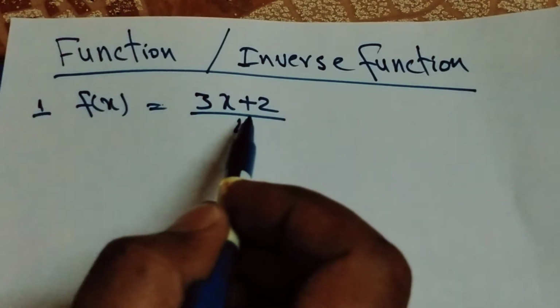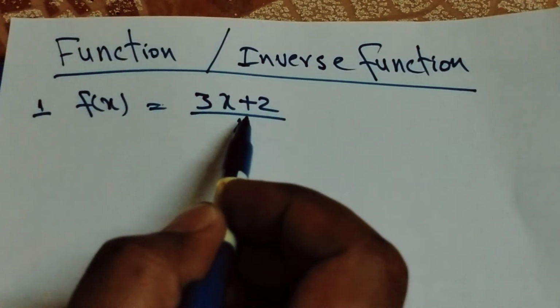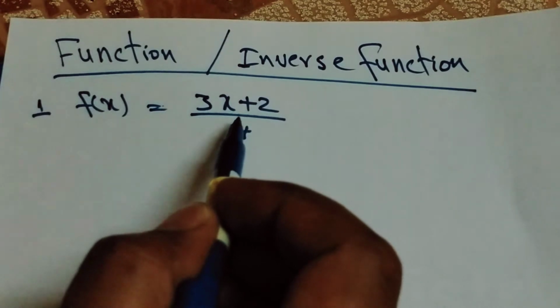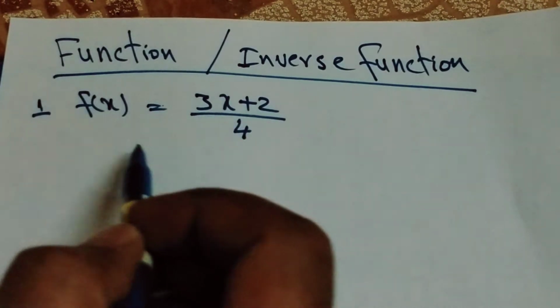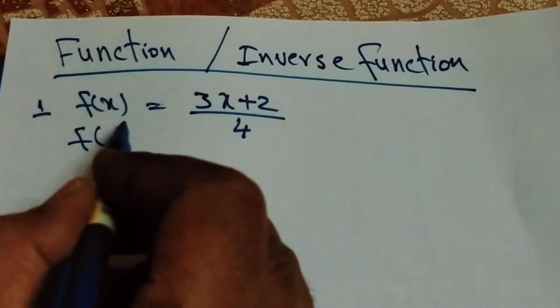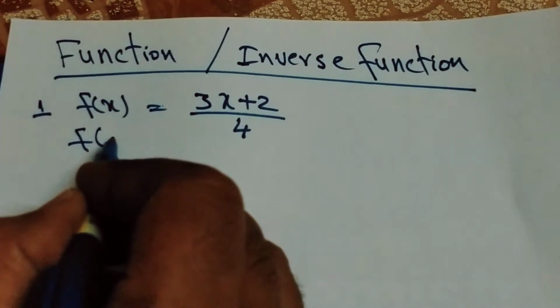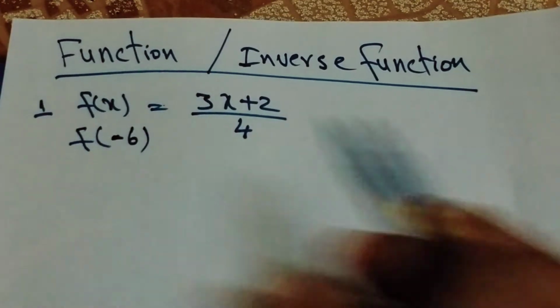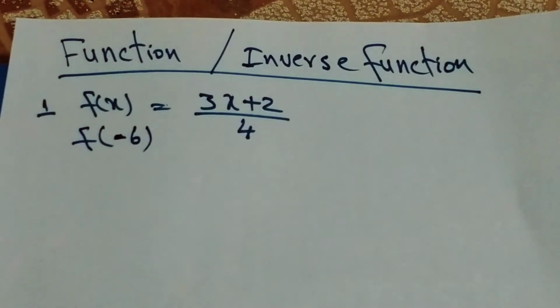So this is a function, my dear. Understand? We are going to find f of minus 6. Function is given, we are going to find the value at minus 6.